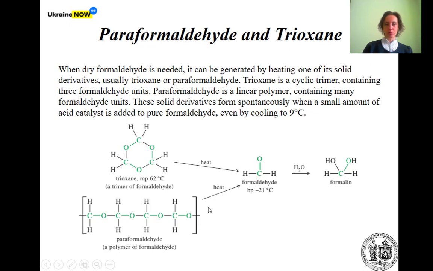And trioxane is a compound that can be used the same way: by hydrolysis it can form formaldehyde.